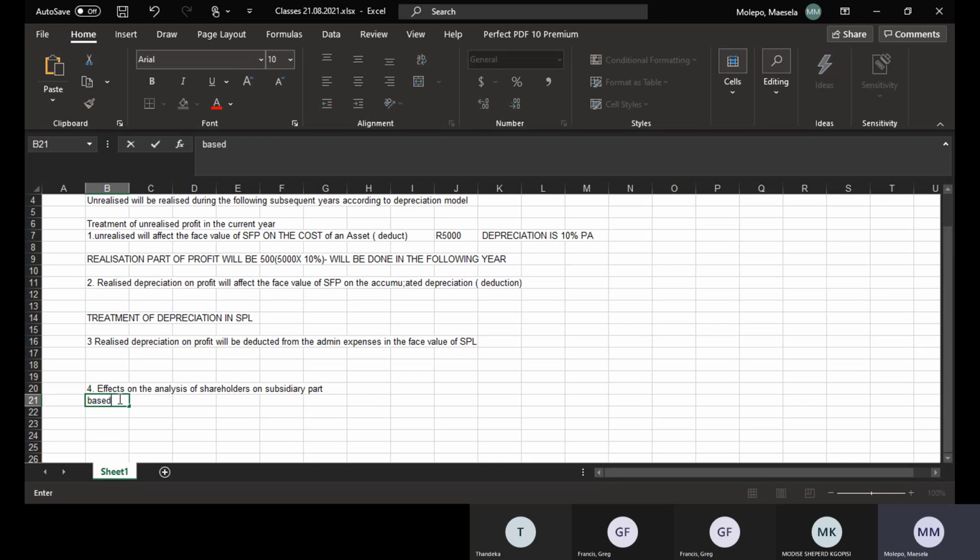So we'll say based on the date, which can be since acquisition to beginning of current year, or it can be straight current year.